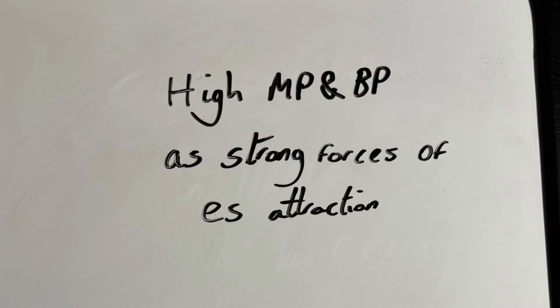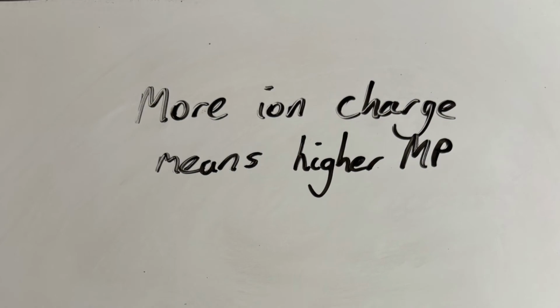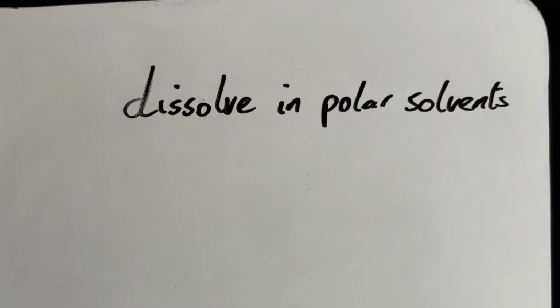And the more charge an ion has, the higher the melting point because the stronger these electrostatic forces are. And because there's a positive and a negative end of the molecule, they dissolve really well in polar solvents. We'll go over polarity in the next video.